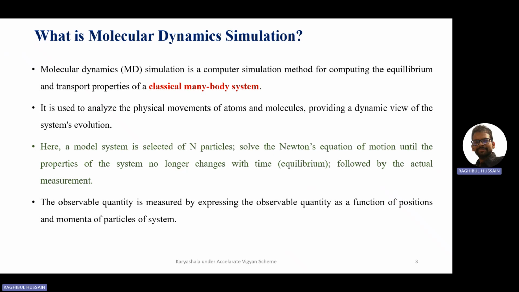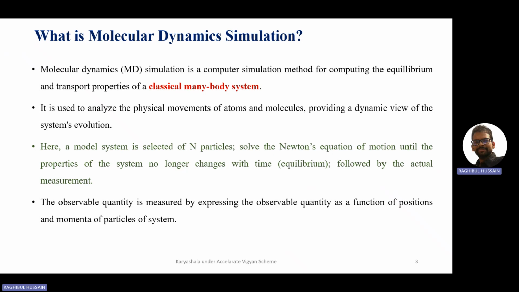That means you are delivering something, you are producing something. In molecular dynamics, we call this the production stage. So in any kind of molecular dynamics, we have 3 stages: energy minimization, equilibration, and production.